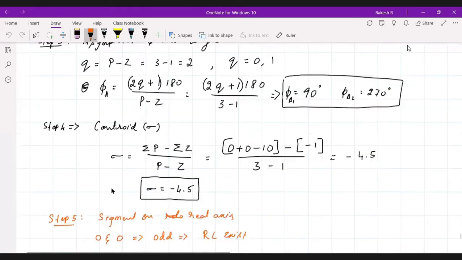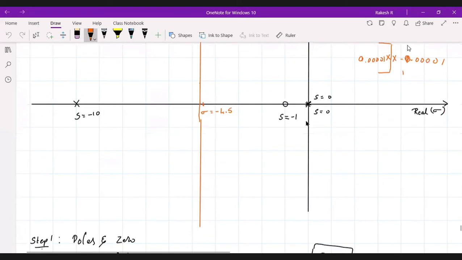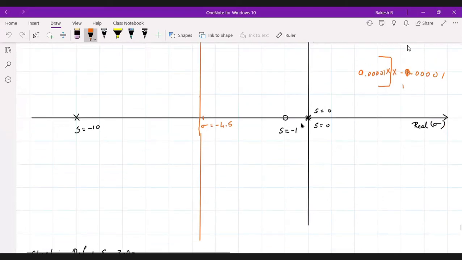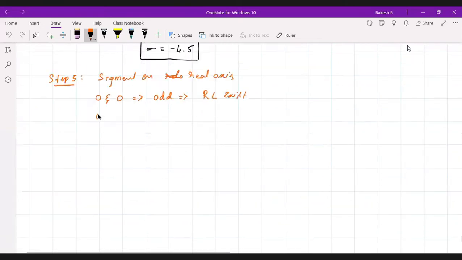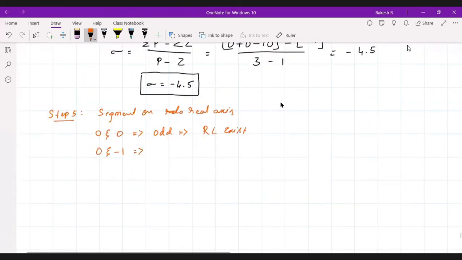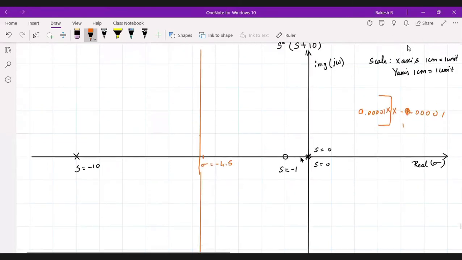Next, coming in between these two, that is 0 and minus 1. Towards the right of this, we have two poles, that is s is equals to 0 and s is equals to 0.